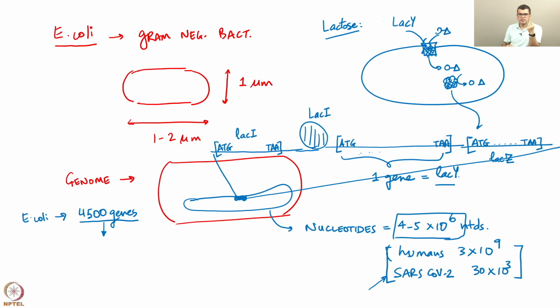For many environments, these genes would be in the off state, such as when cells are growing in glucose, then E. coli has no need to utilize lactose, and hence LAC-Z and LAC-Y will not be transcribed or translated. So, while all these genes are there, only some of them are transcribed and translated when needed. On the other hand, there are some genes which are always transcribed and translated because their products are essential for survival. An example of that is the proteins which make up the machine called RNA polymerase.